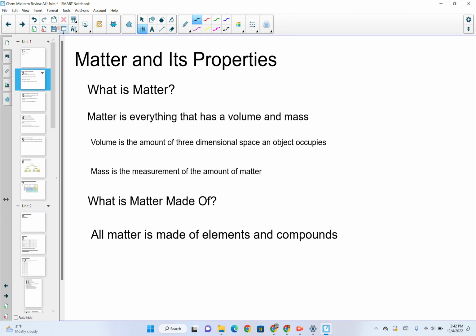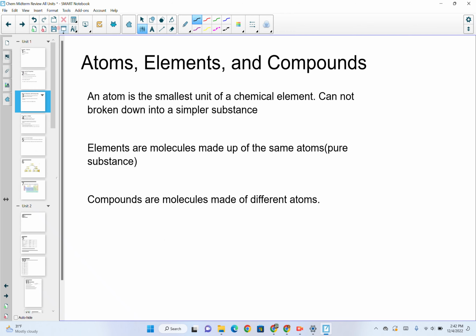So what is matter made out of? Matter is made out of atoms, elements, and compounds. An atom is the smallest unit of a chemical element, and it cannot be broken down into simpler substances. Elements are a type of molecule made up of the same atoms, and they are considered pure substances.